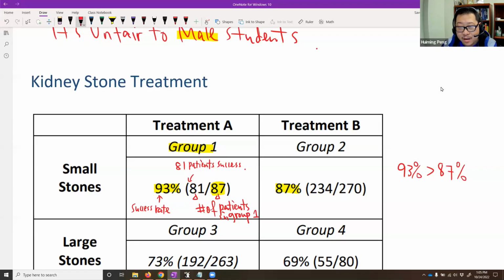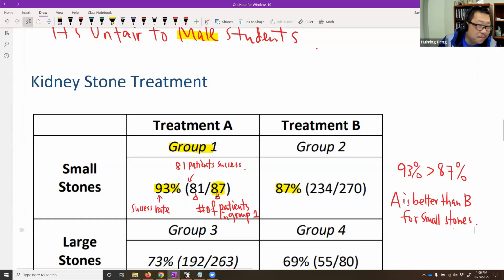This means treatment A is better than treatment B for small stone patients, right? And you can think about it. Is that a conclusion for small stone patients? Let me basically do the first, and then do the same analysis.